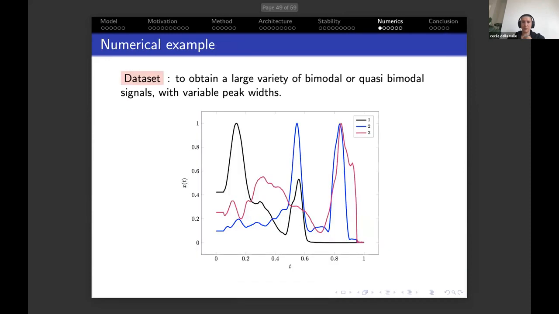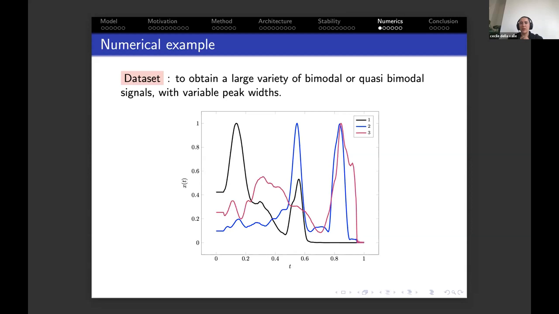Okay, so now that I have a rule to compute my Lipschitz constant, I'm going to apply it to a real neural network. First, there does not exist a large data set for 1D signals of this kind, as there does for images.